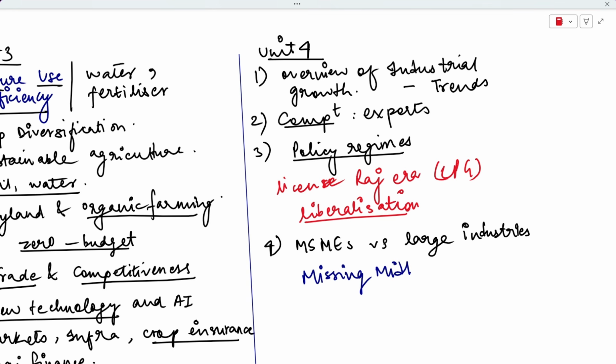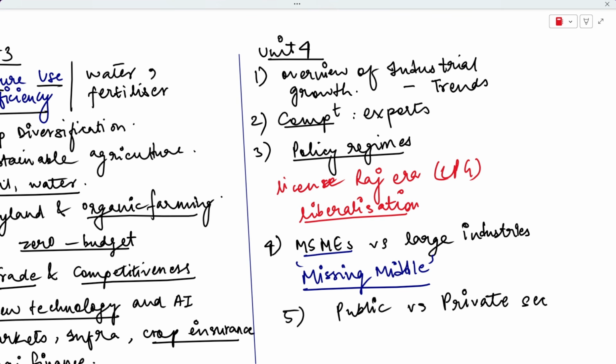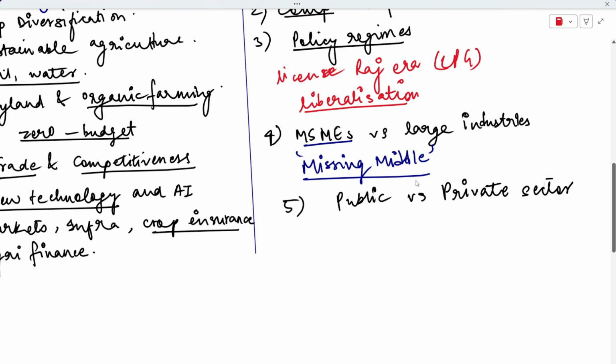Why does India have lots of tiny firms and some very large ones, but very few medium sized firms? And then we'll have a debate on public versus private sector. What is the role of public sector enterprises today? We're going to look at that.